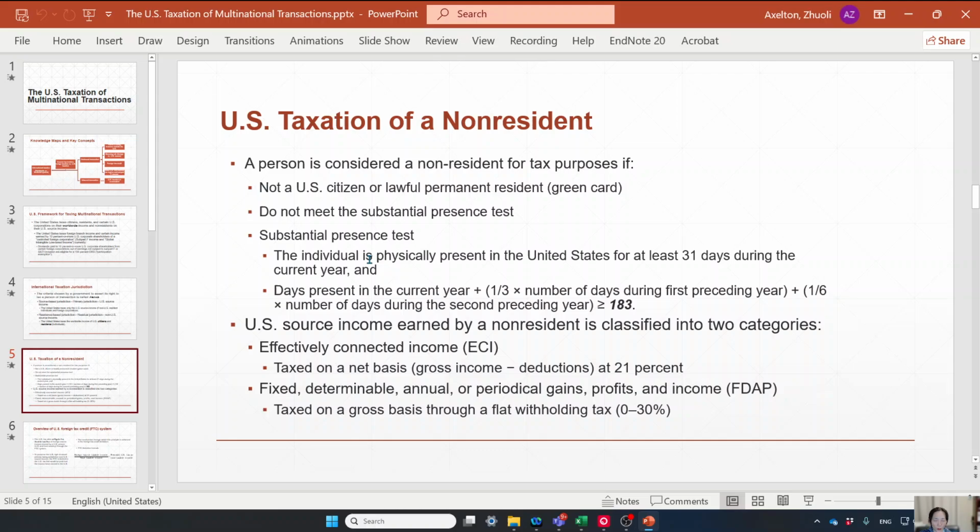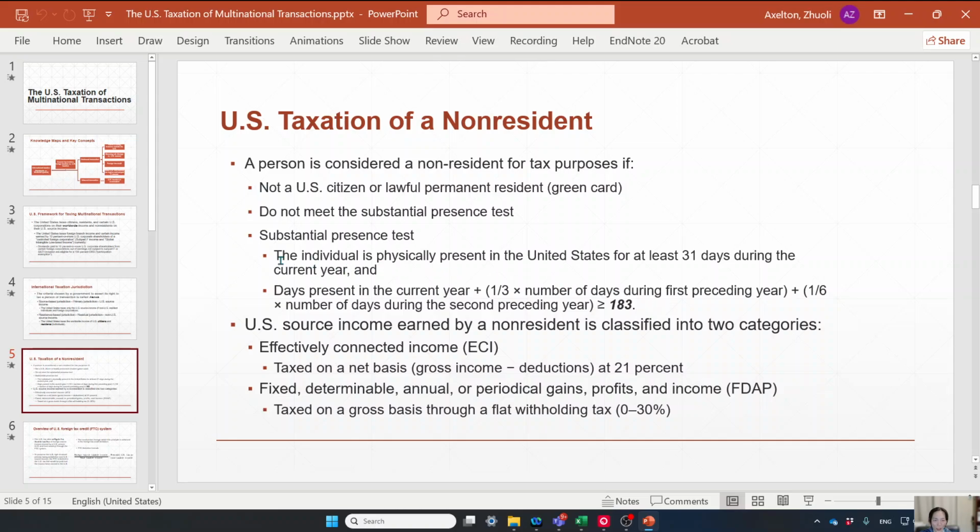The individual is physically present in the United States for at least 31 days during the current year, and the days present in the current year plus 1/3 times the number of days during the first preceding year, and 1/6 times the number of days during the second preceding year, is more than 183 days.